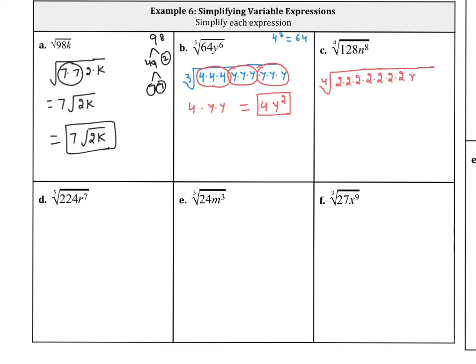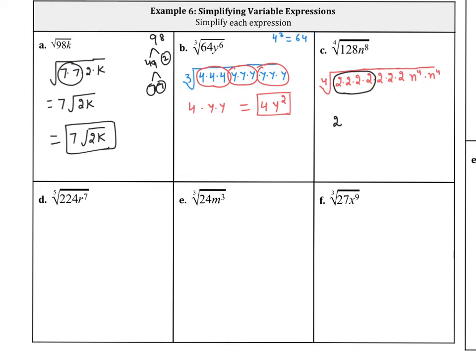And you're going to have n to the power 4 times n to the power 4. They need to make a group of 4 to get out of the radical symbol. One number out from each group, so that's 2. And these 2's would stay inside, unfortunately, because they don't make a group of 4.